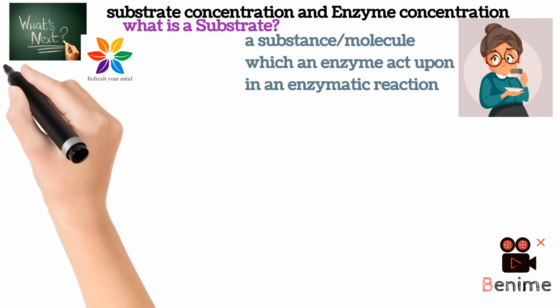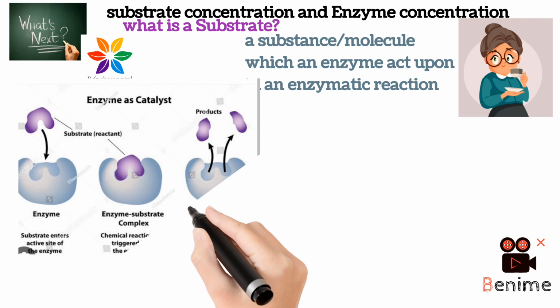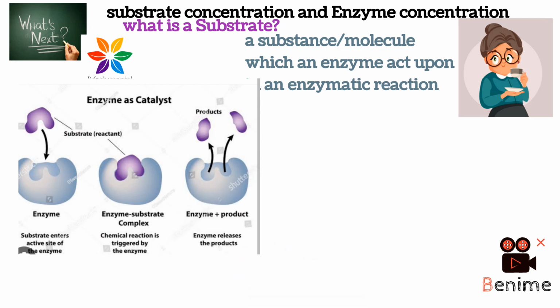Since we are dealing with food, we need to know what are the examples of substrate in food. As you can see, an enzyme acts upon a substrate to form what is called enzyme substrate complex, which after conversion will give an enzyme plus the product at the final stage of the reaction.